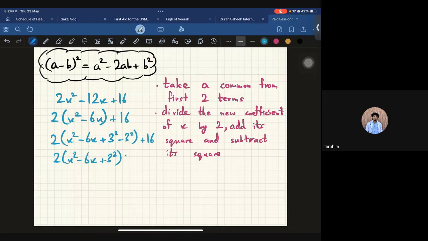So we multiply negative 3 square by 2. Or 16 as it is. Okay. So we have to take out the last term of the bracket.